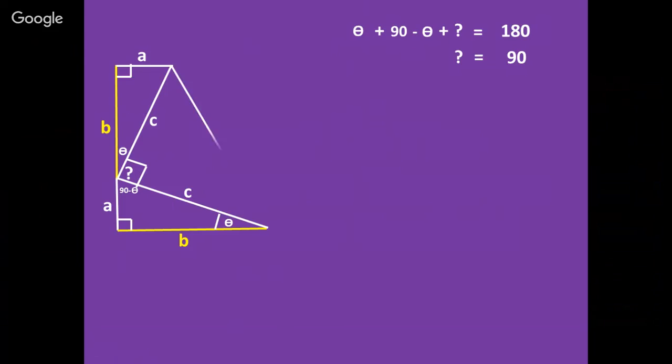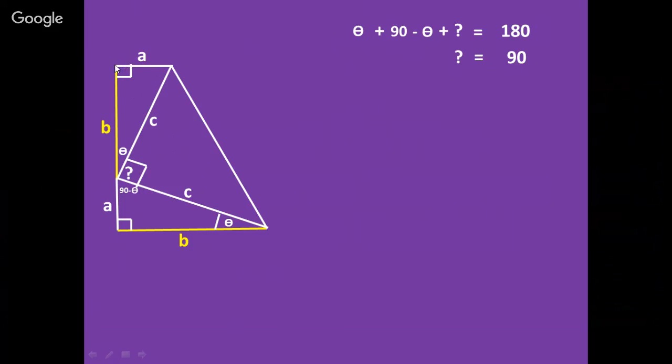So we have three right triangles, 1, 2, 3. And if we look, we have constructed a trapezoid. Yes, we have constructed a trapezoid, and within this trapezoid we have three right triangles, one, two, and three.